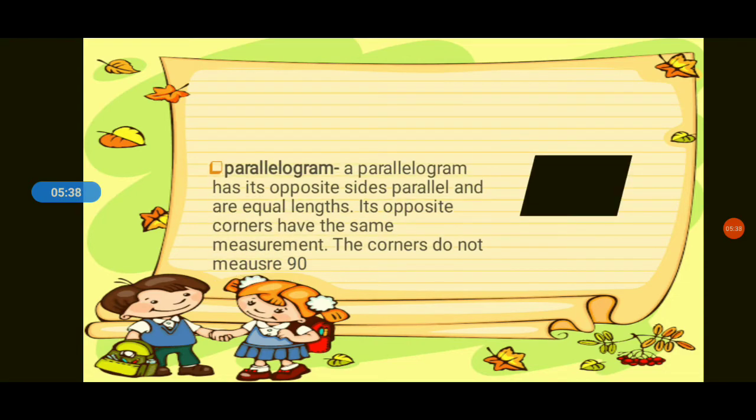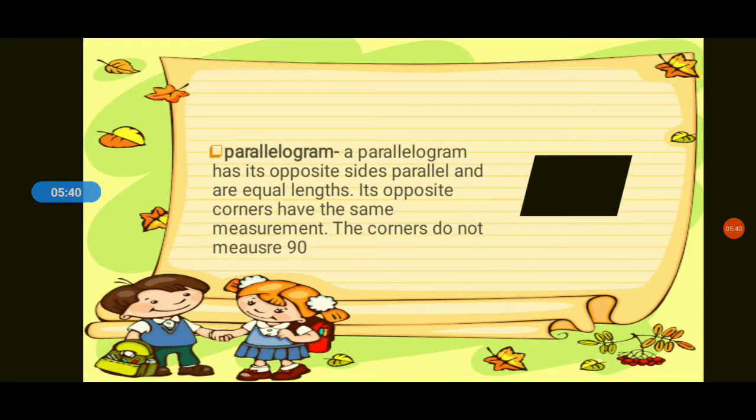Next, we have this one, a parallelogram. When you see a figure like this, then we call it a parallelogram. A parallelogram has its opposite sides parallel and equal in length. Now, its opposite corners have the same measurement. The corners do not measure 90 degrees. Okay?